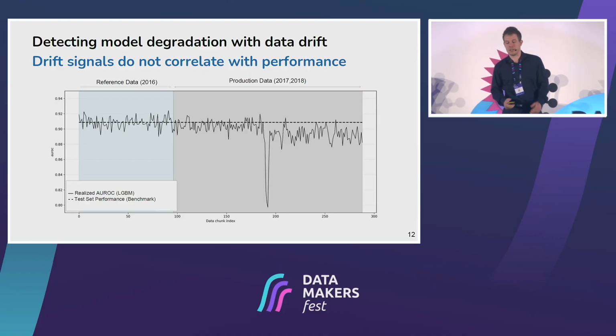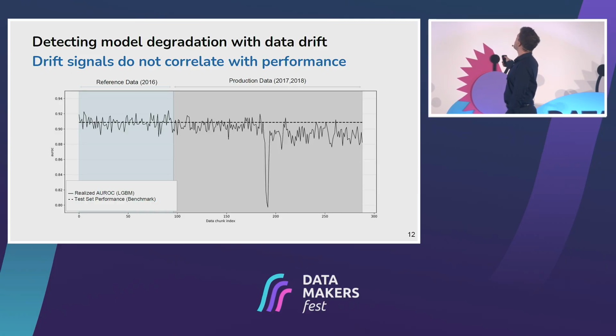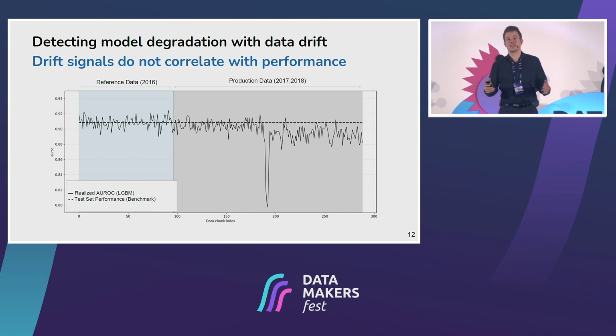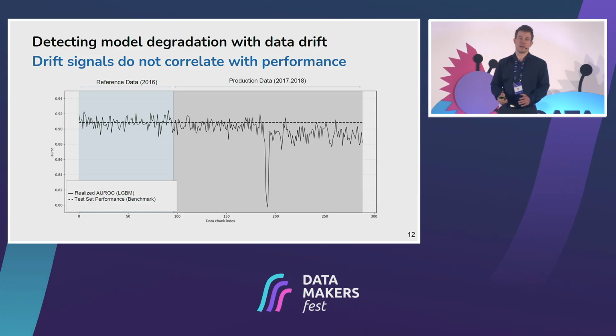What you see here is ROC-AUC, which is a model performance metric. In the test set, the model performance was reasonably stable. The model performs well. Then as we deployed the model to production, for the first few months, the first few hundred batches of data, everything is fine. And then at this point here, we see this huge spike downwards, which is probably caused by a data quality issue.